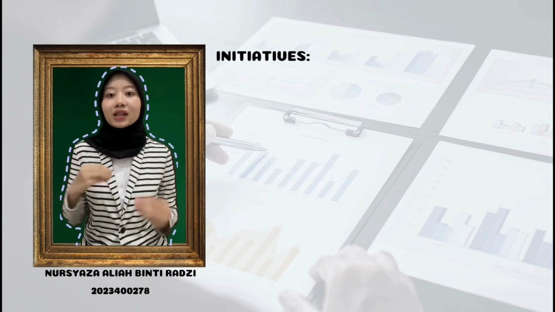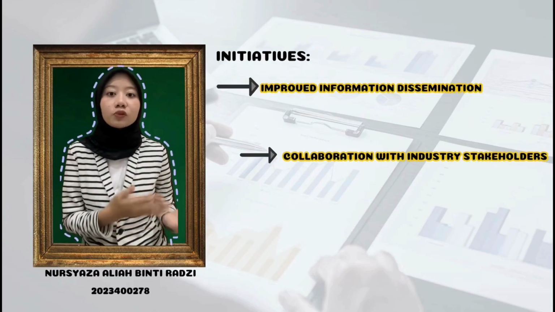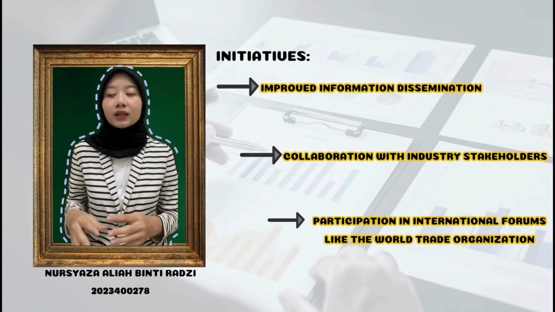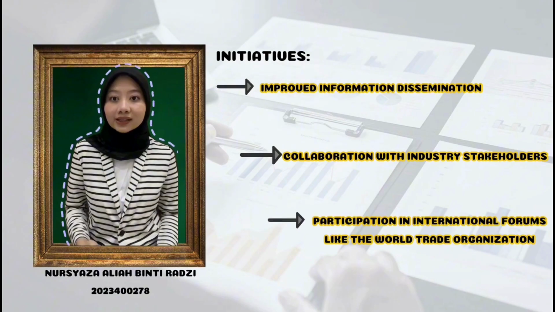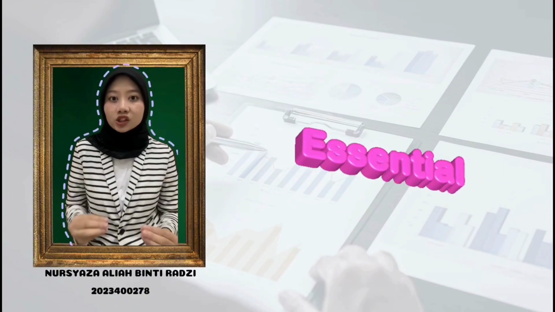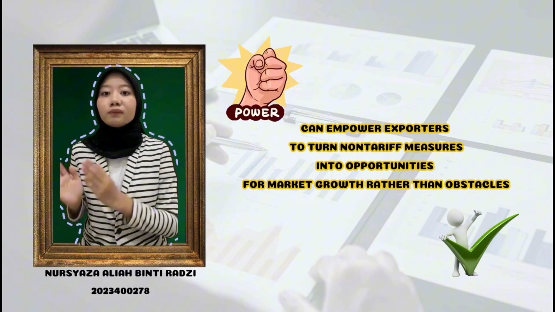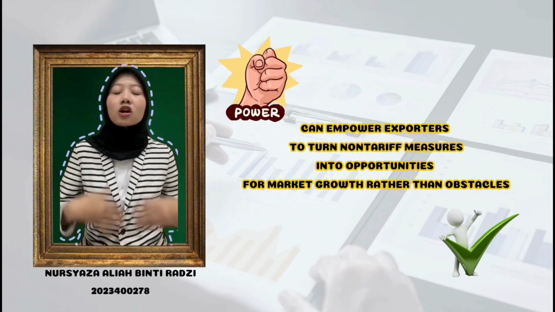This can be seen where initiatives such as improved information dissemination, collaboration with industry stakeholders, or even participation in international forums like the World Trade Organization are very essential because they can empower exporters to turn non-tariff measures into opportunities for market growth rather than obstacles.